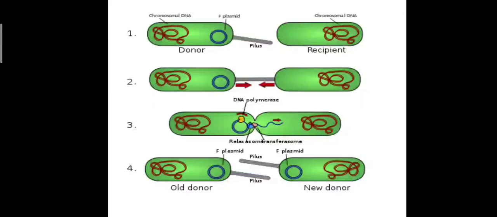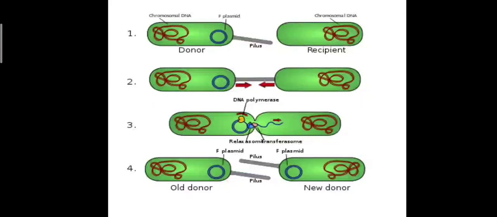Those bacteria which lack the F factor or the F plasmid are called F negative, and they act as recipients. There is one more category, the Hfr donor, that we will go through in the next slides. So if you are thorough with F positive and F negative, we can move on to conjugation.